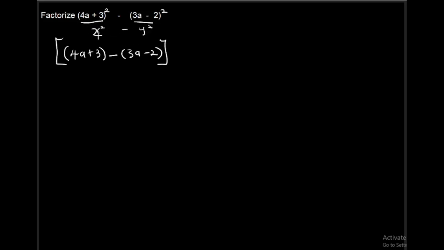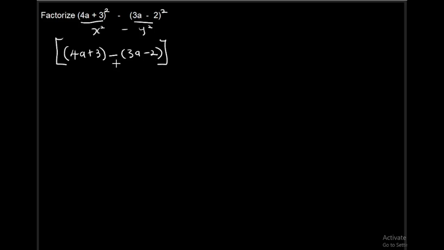The whole of this is like x, the whole of this is like y. So we have 4a + 3 serving as x, minus the second term, 3a − 2, serving as y.